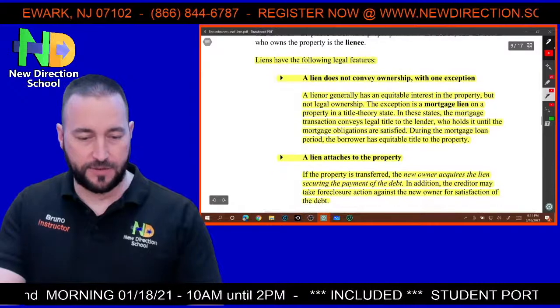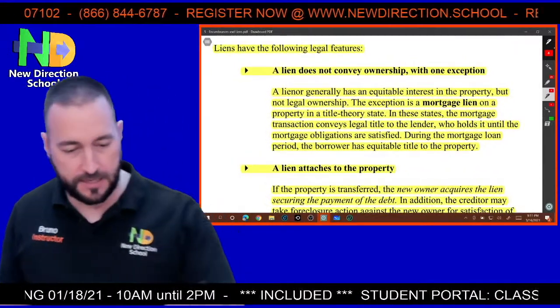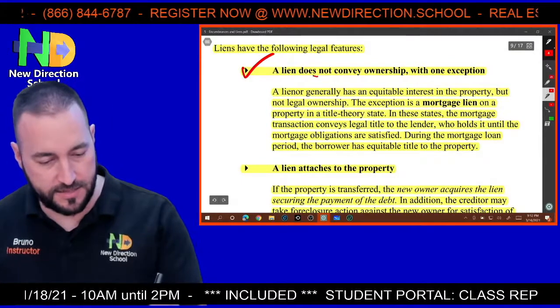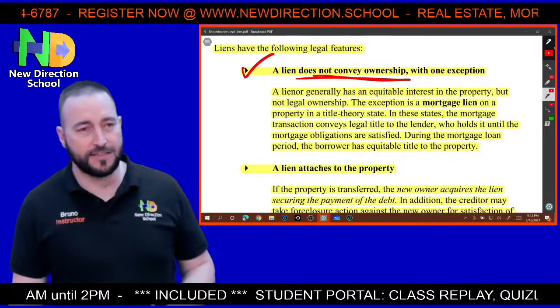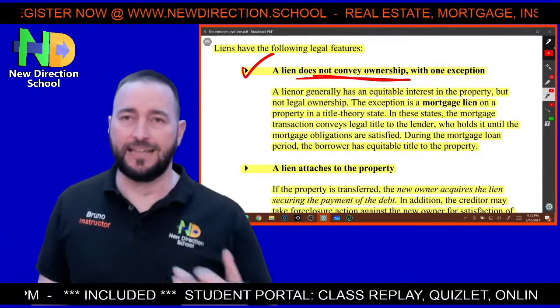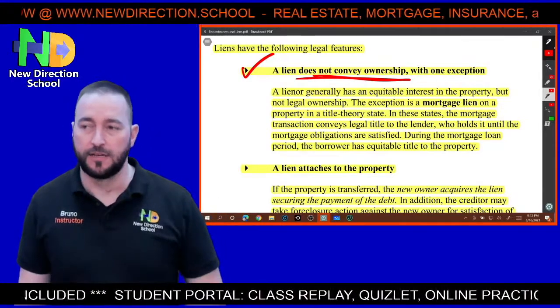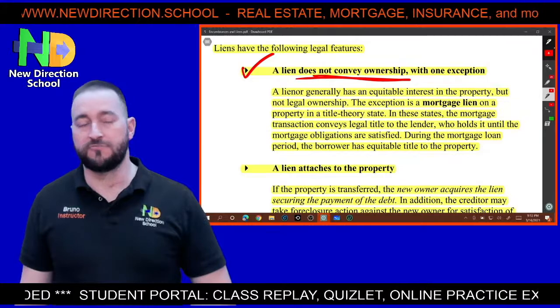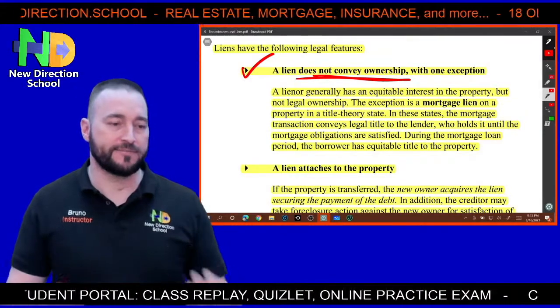Liens have the following legal features. A lien does not convey ownership. Okay? Does not convey ownership. A lien gives an interest in the property or a claim or benefit in the property, but it does not convey ownership. With one exception, again, different states, different rules.